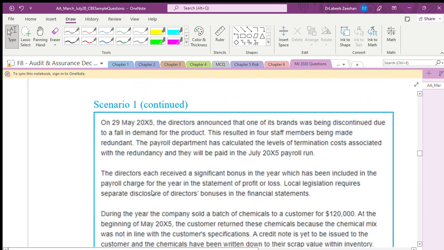On May 29, the directors announced that one of the brands was discontinued due to the fall in demand. This resulted in 4 staff members being made redundant, which means they don't have any work.